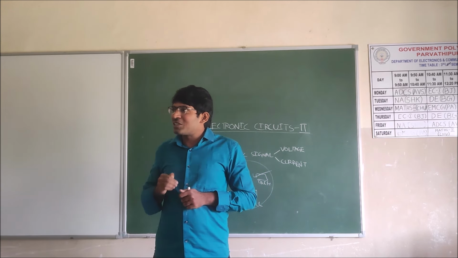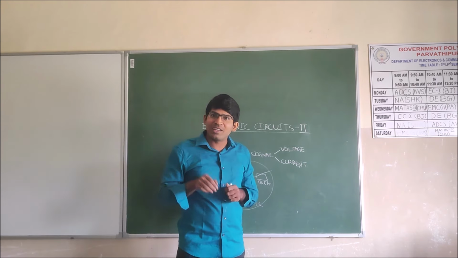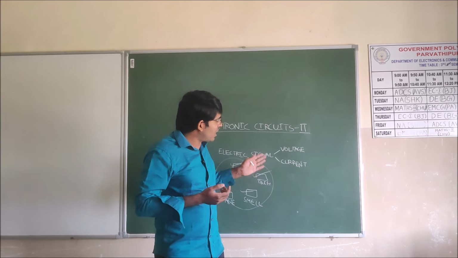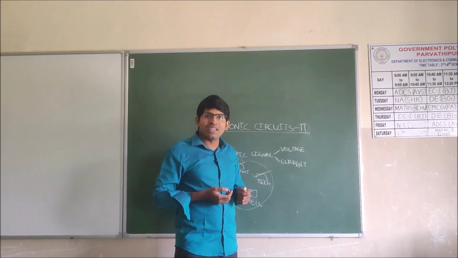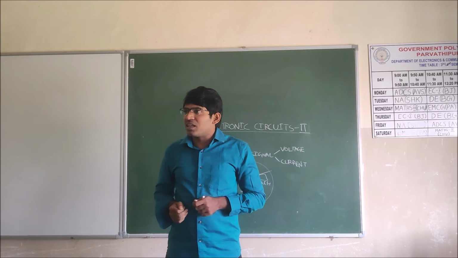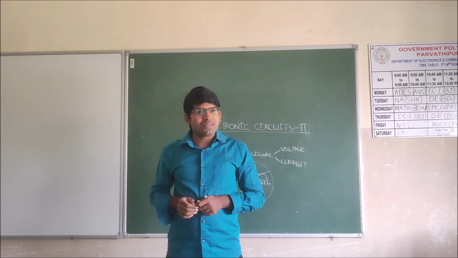So signal processing, electronic circuits, whatever we are learning, we are giving names: wave shaping, electrical signal, voltage and current signal. Our entire system is working with that electrical signal. Neurons are processing the electrical signal.